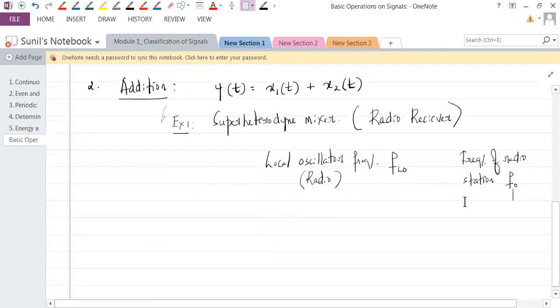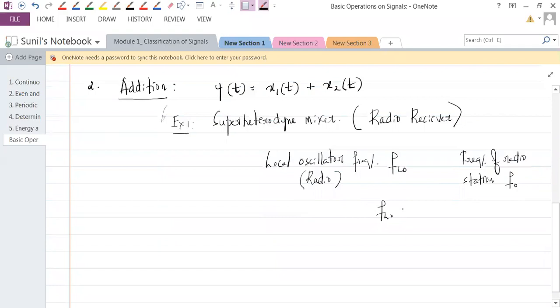So when we are tuning, what we are doing is we are adding or subtracting the two frequencies, that is local oscillator frequency and radio station frequency. And if the sum or the difference of these two frequencies becomes equal to 455 kilohertz, then only you'll be able to listen to a station.